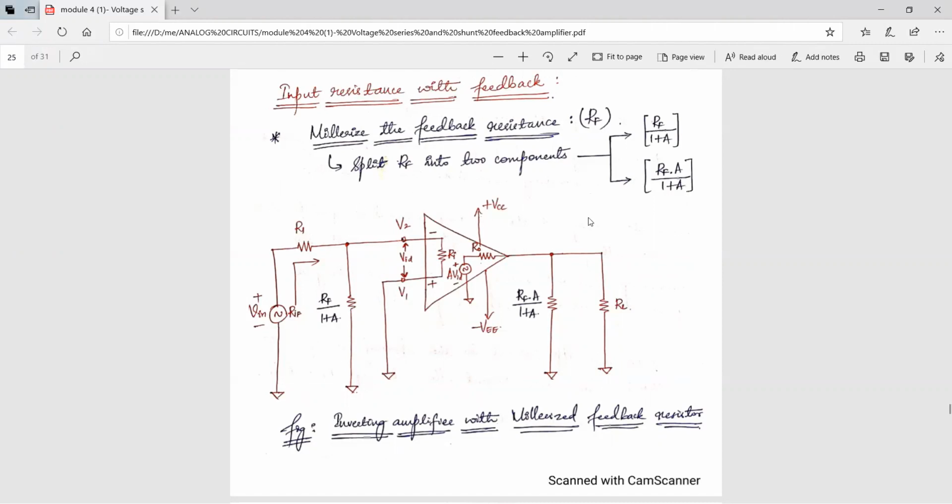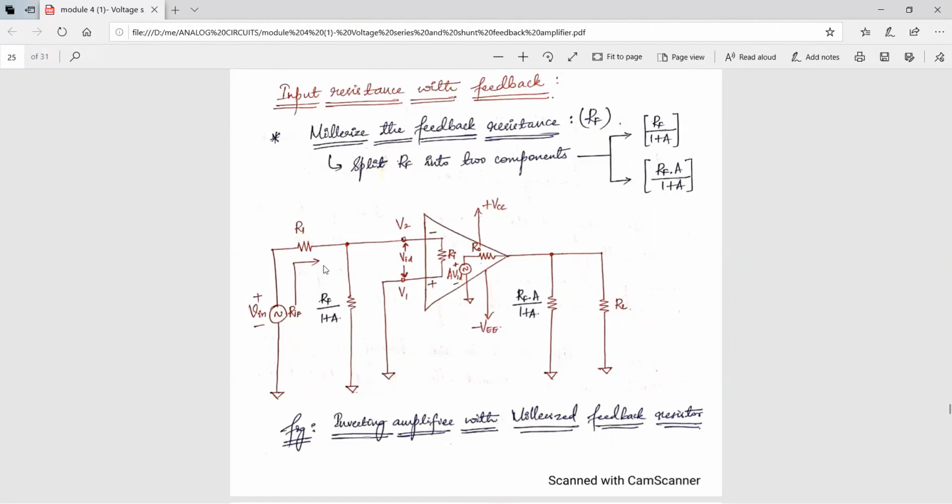This is the circuit diagram for inverting amplifier with feedback resistor millerized. While finding the input resistance with feedback, we are using the Miller theorem for the feedback resistance.